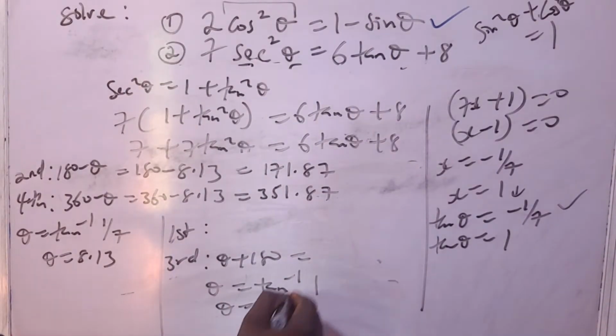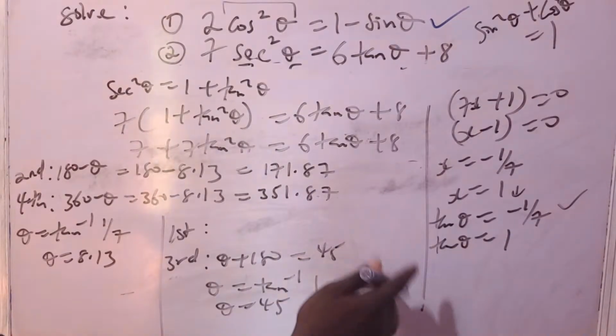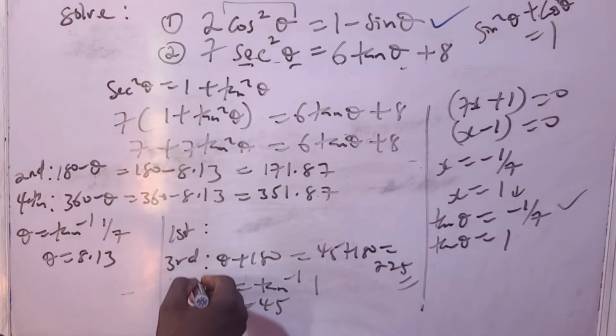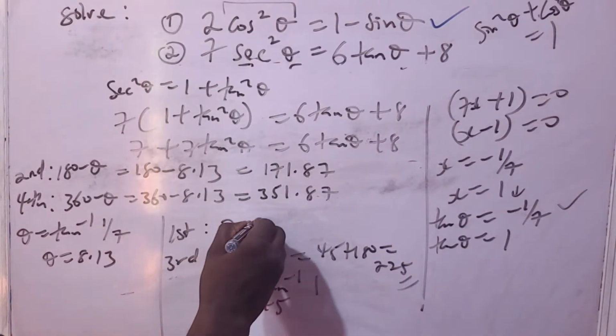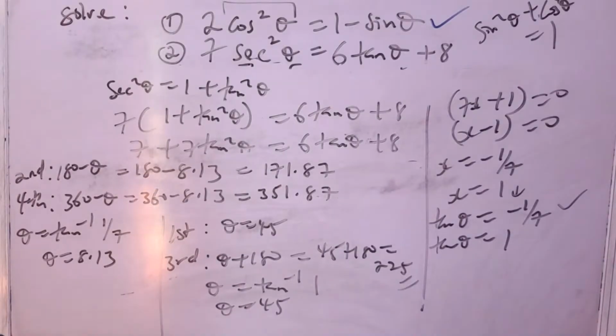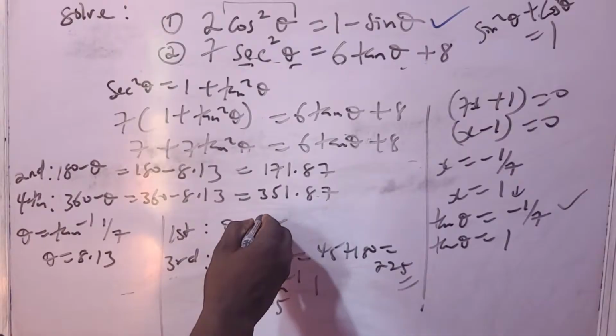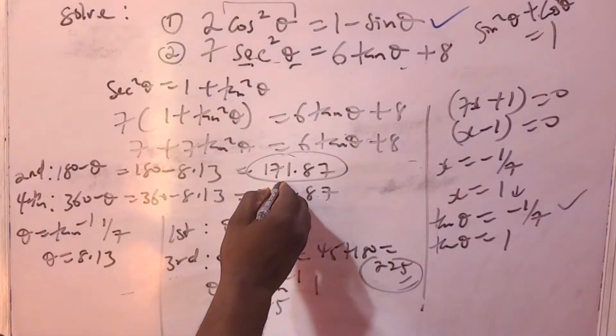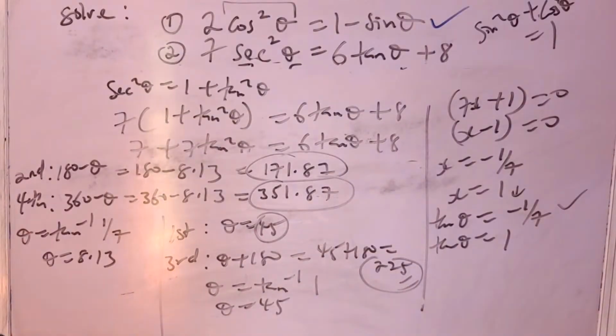So we have 45 plus 180, which gives me a value of 225. So theta will be 45. Our final values for the whole question will be 45, 225, 171.87 and 351.87.